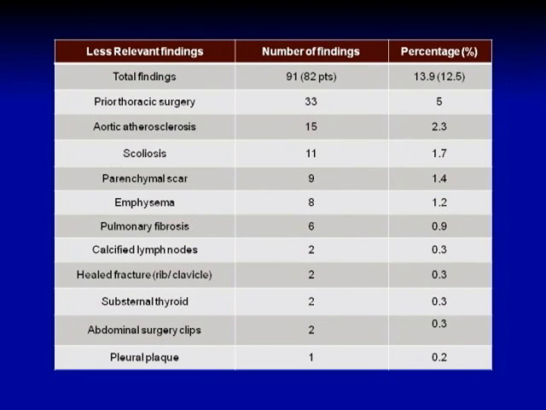The less relevant findings were found in 82 patients, which were 12.5% of the patients. And these were findings like aortic atherosclerosis, musculoskeletal findings like scoliosis and healed rib fractures or clavicular fractures, other lung findings like parenchymal scars, emphysema, pulmonary fibrosis, calcified lymph nodes, and a few abdominal findings like abdominal surgical clips or even a pleural plaque in a case.